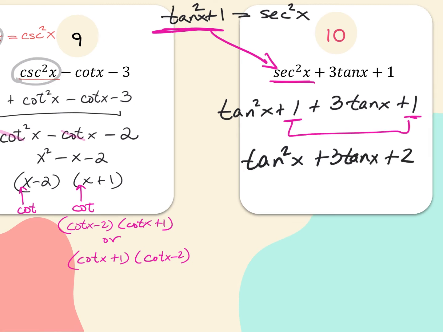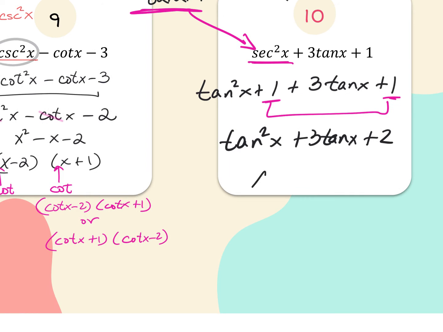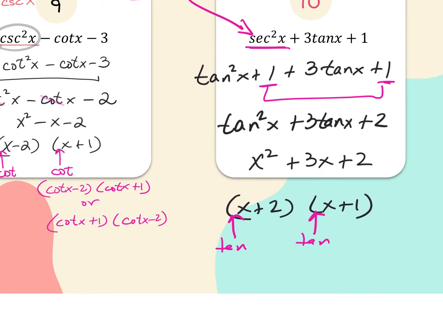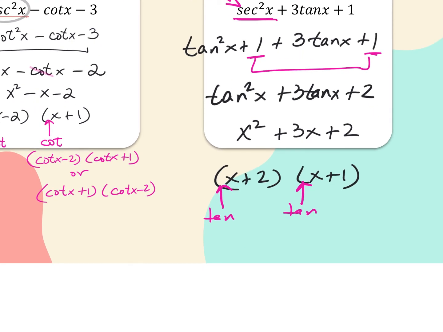So again, if you want to get rid of the word tangent, what we're factoring here is x squared plus 3x plus 2. Those factors of 2 that will give you 3 are going to be 2 times 1. And again, put back in the word tangent. And again, the order of the binomials doesn't matter. So final answer, tangent x plus 2 times tangent x plus 1.